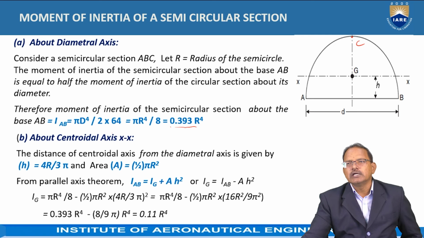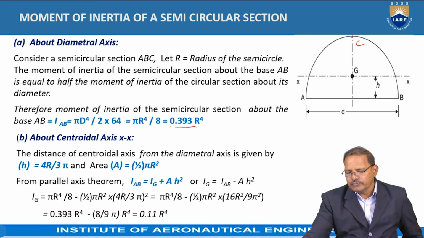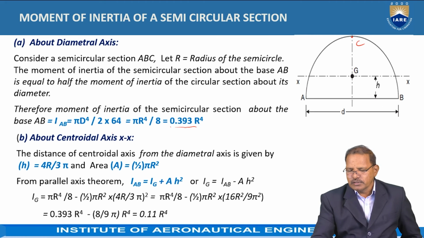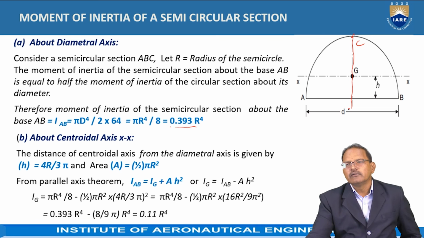Now the moment of inertia possessed by the semicircular section about its centroidal axis. Since the object is symmetrical about the vertical line, the centroid always lies on the same line at a height of 4r by 3 pi.